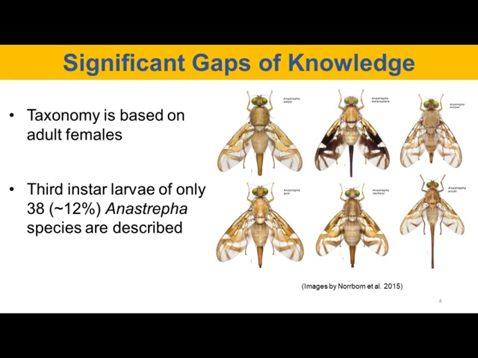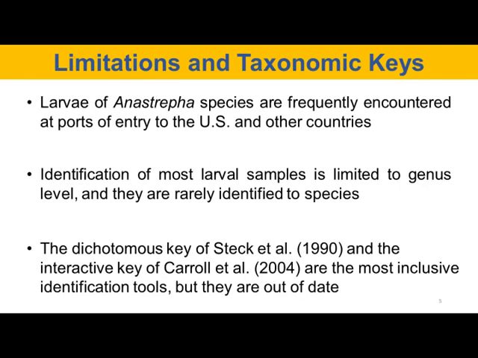Despite the economic importance of these pest species and the high diversity of this genus, we have some limitations. In the last 90 years, 7 keys have been created, and mainly they have been dealing with pest species. One of the best dichotomous keys was that of Steck 1990, which includes 13 species.